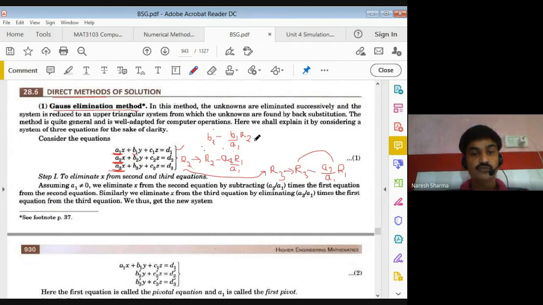We assume that this is b2 dash. So when this becomes 0, this becomes b2 dash.